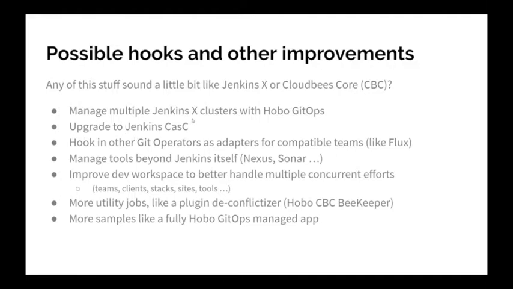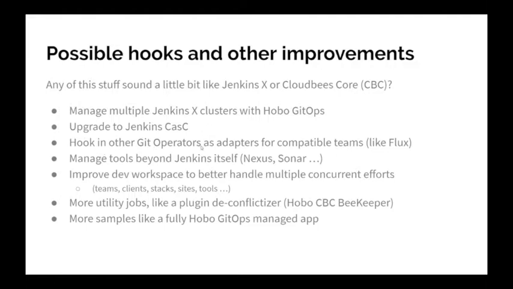So I want to take these utility jobs and put some of what used to be in an init script, like here's my Sonar, okay, let's configure that with Jenkins configuration as code, but store that in a manifest repo so that when you start your Jenkins, it will run through everything you have configured in CasC, but you will also be able to run these utility jobs live and see it happen without having to restart, and customize it to your heart's content.